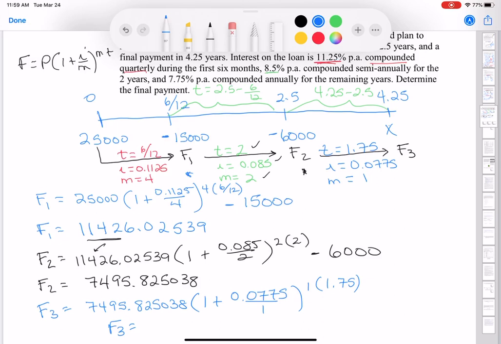Which leaves us with a final payment of $8,541.81.